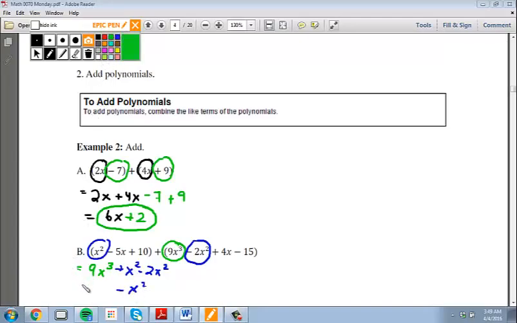I guess I could have brought that 9x cubed down for you guys. And now let's move on to the x term. So we have a minus 5x plus 4x. So that's a minus 1x or minus x. And then finally, we have plus 10 minus 15, which is minus 5. Kaboom, done. It's real.